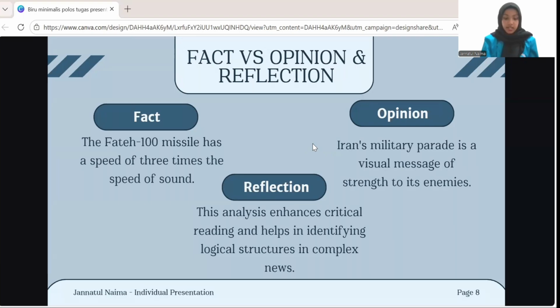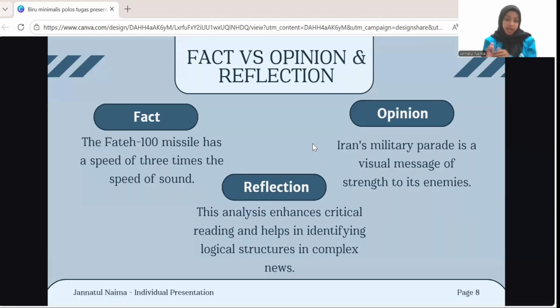However, the statement about the visual message is an opinion or interpretation by the reporter. The opinion is that Iran's military parade is a visual message of threat to its enemies. And for the reflection, this analysis enhances critical reading and helps in identifying logical structures in complex news.